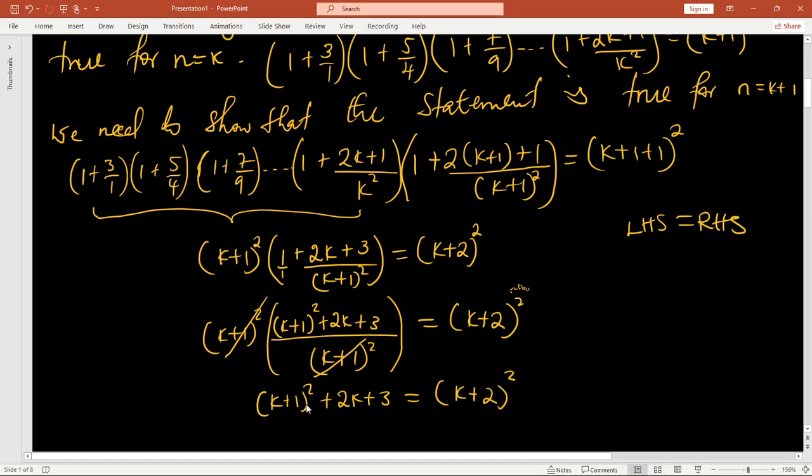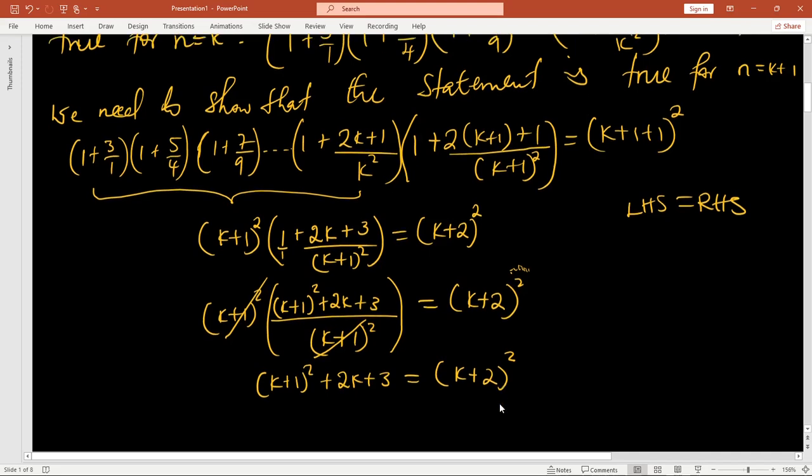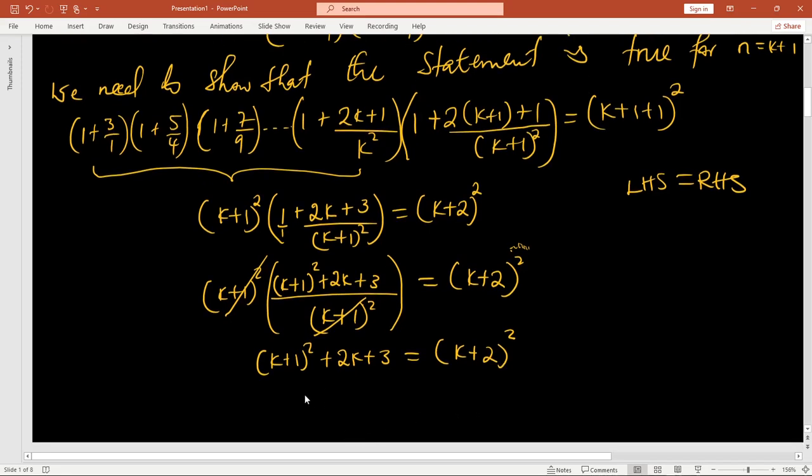Now, if we expand what we have here, so I'll do this on the next page. If I expand this, you'll notice that that's going to be k squared plus 2k plus 1 plus 2k plus 3 equal to, if we expand this side, k squared plus 2k plus 2k plus 4.